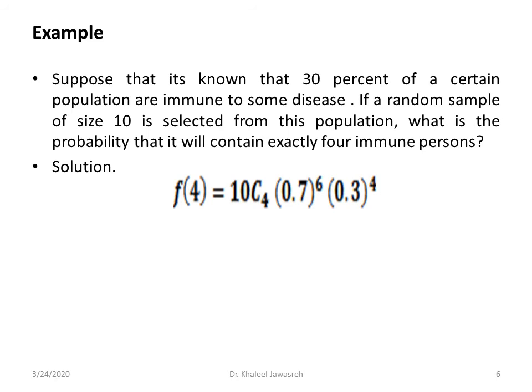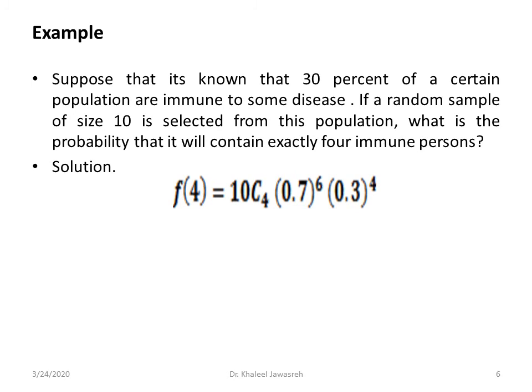So from the question, we have 4 immune persons. This is what we want. If x is 4, we have 10 as the total number of randomly selected samples, and 4 here is also the x, since we want exactly 4 immune persons.